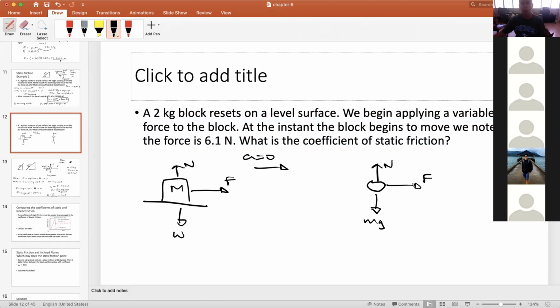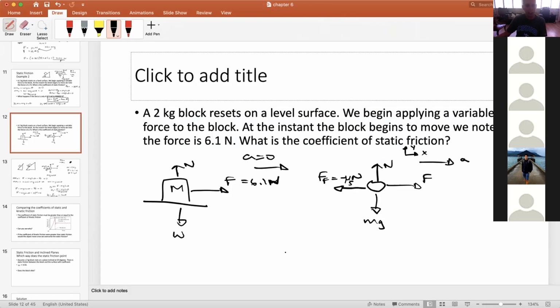We're applying a force of 6.1 newtons, and that's the amount of force right before this block starts to slide to the right. Then we need to know the coefficient of static friction. If A is going to the right, the force of friction has to go left, which is minus mu s N. This is y, this is x.